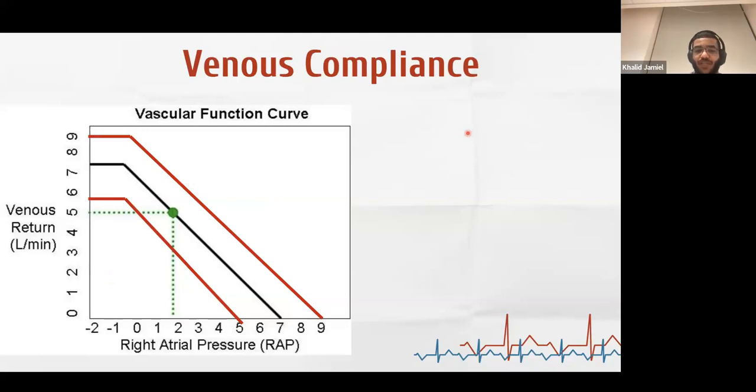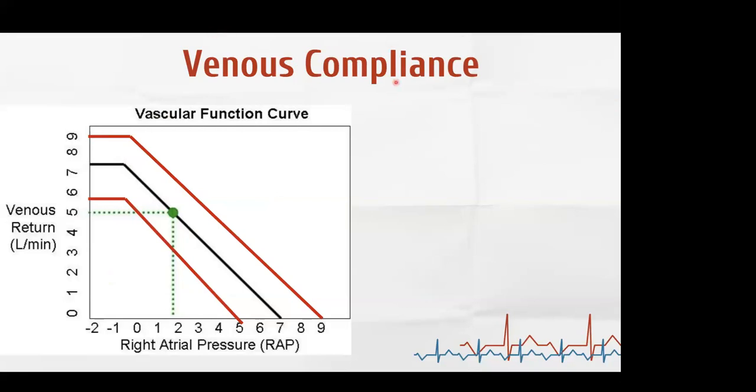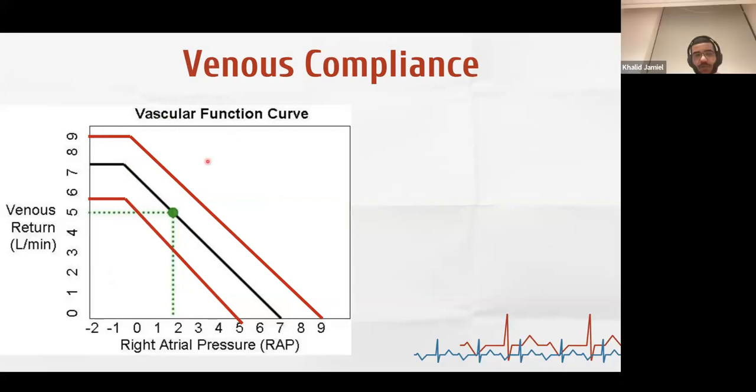Now, venous compliance. Which one of these graphs is for decreased venous compliance? Someone else, not Malak. So if we decrease the venous compliance, I guess it's the upper graph. Why?